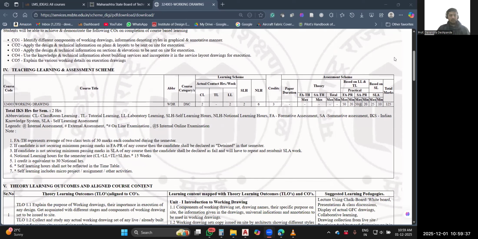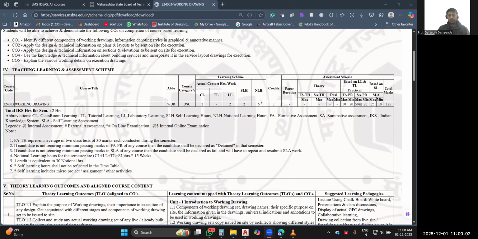So now you can see that this is the teaching, learning, and assessment scheme for the course. Here we could see that per week we have two classroom learning hours, 2 hours for laboratory learning, and 2 hours for self-learning.